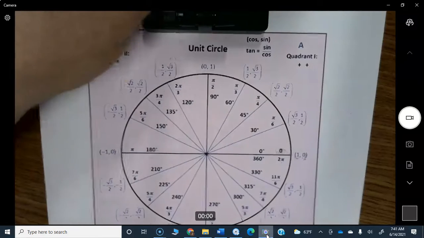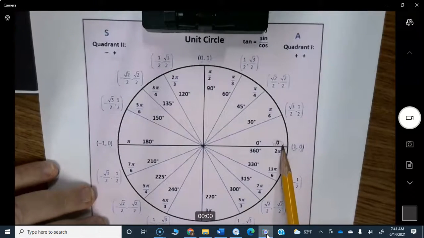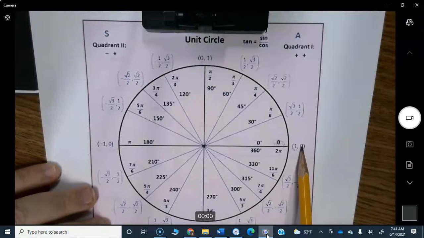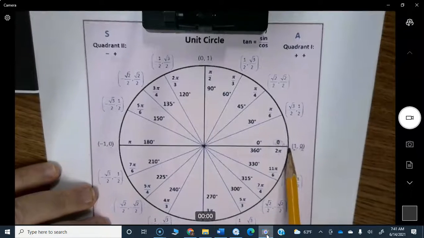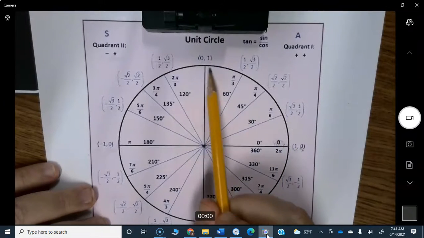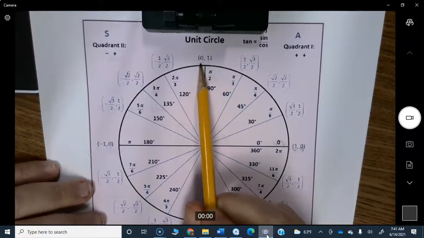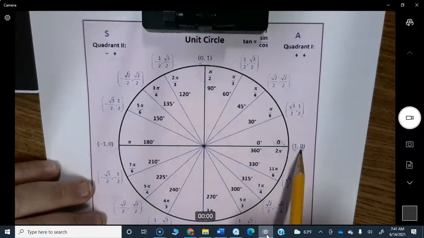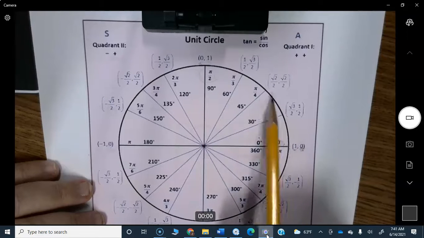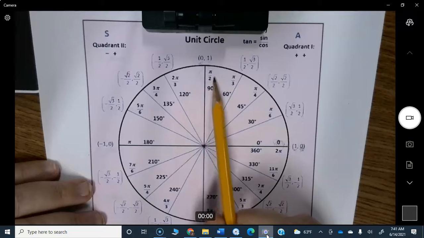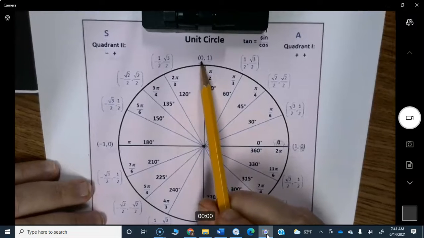Okay. So at 0, the sine is 0. If we then go from here up to here so that we're now at pi over 2, the cosine becomes 0. So how do you write an equation that equates the cosine to the sine? At 0, the sine is 0, and up here, when you go up pi over 2, so theta plus pi over 2, the cosine will be 0.